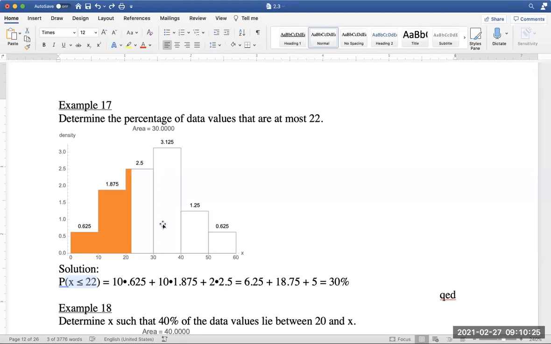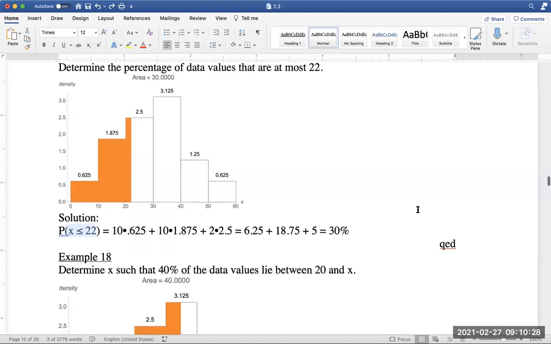Base 10, height 0.625 gives 6.25, plus base 10, height 0.1875 gives 18.75, so that's 25, plus a little sliver here. Going from 20 to 22, that's 2 times the height 2.5, which is 5. The 25 plus 5 gave me 30. So 30% of my data values are at most 22.